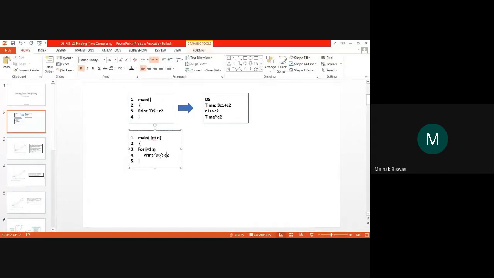Now this print DS, how many times will it run? It will run n times, because the input is n. So it will be approximately n times C2.